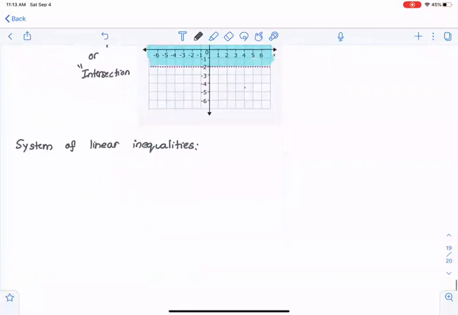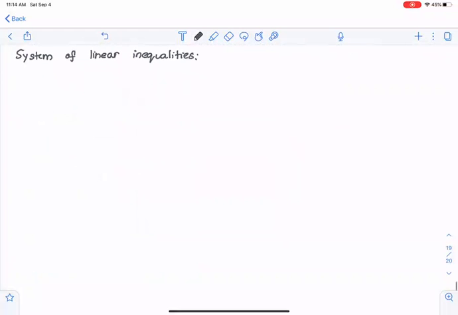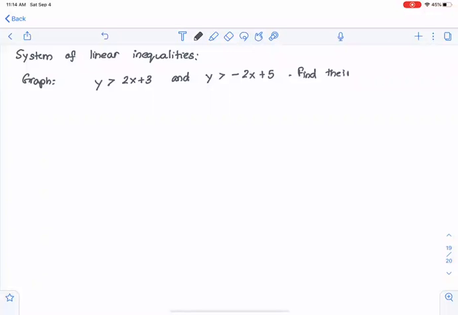So here, system of linear inequalities would mean I have two inequalities and I want to find their solution. So their overlapping part will be the solution.